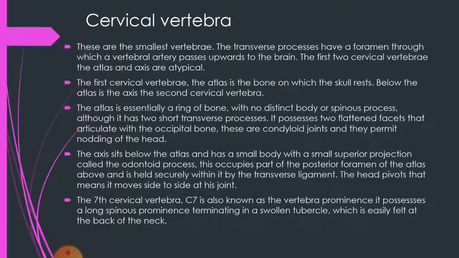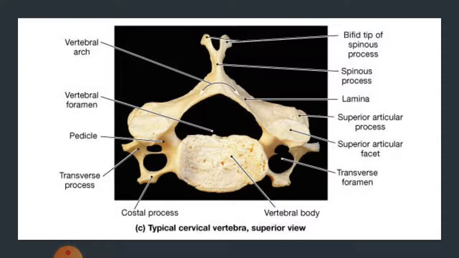Now we will talk about the cervical vertebra. First we will look at the typical features of the cervical vertebra, and then we will discuss the atypical features. So let's look at the typical features of your cervical vertebra.